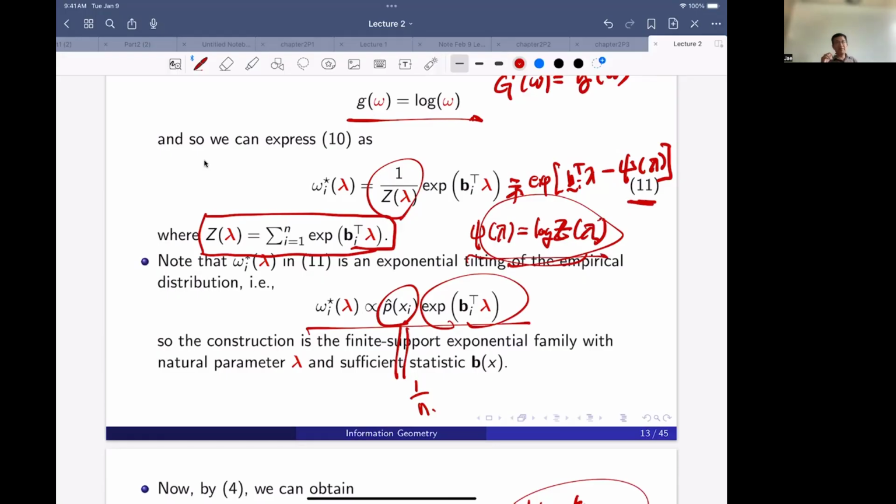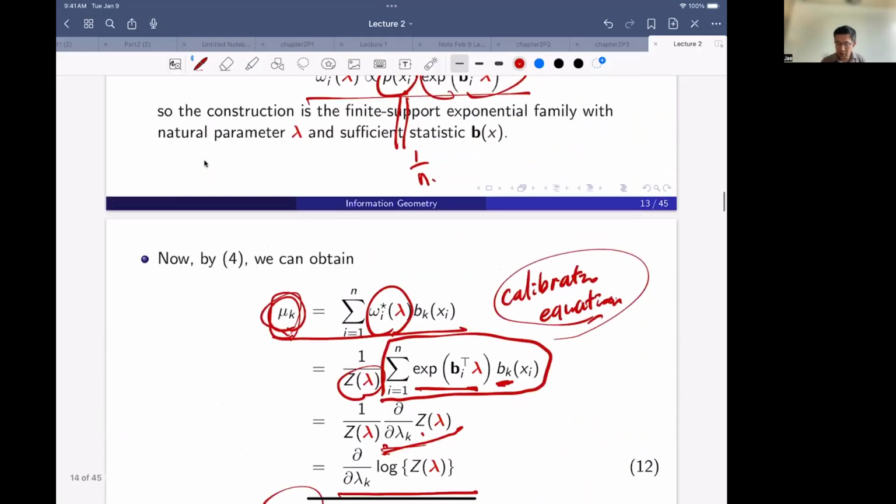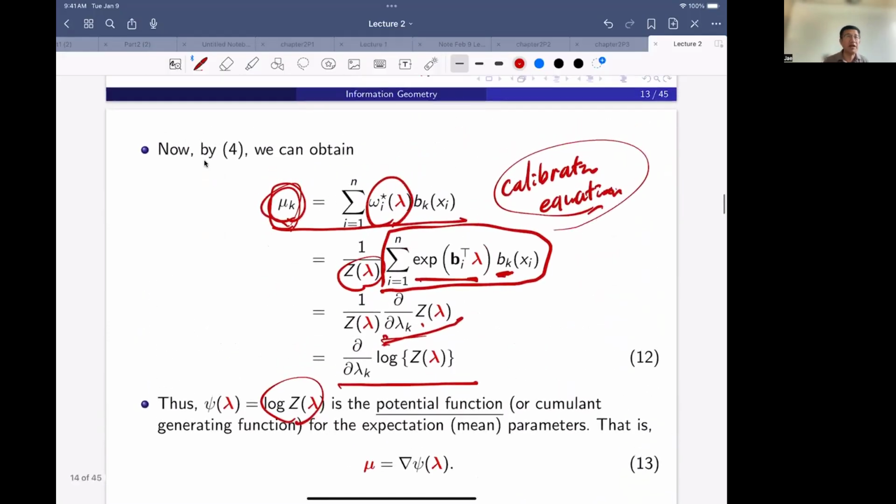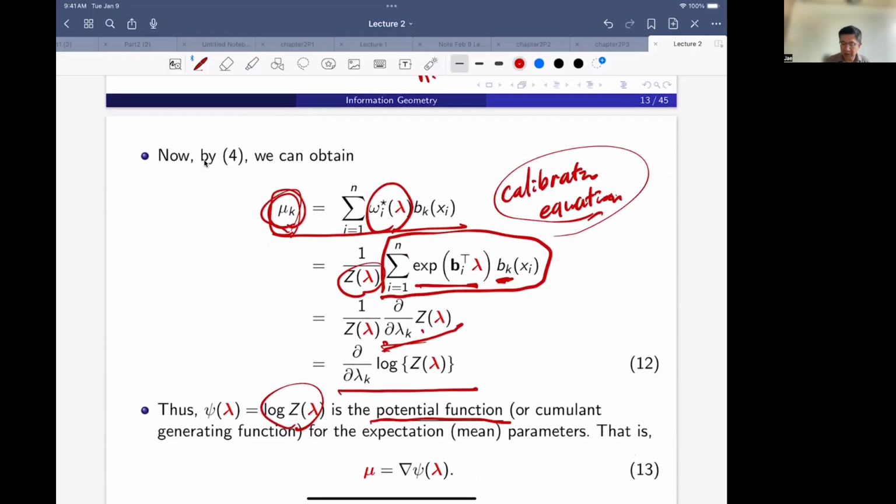So this psi lambda, we call it cumulant generating function, or free energy, or potential function. So we'll use the term potential function. I like the term potential function because if you differentiate, this function has the property of providing the expectation.